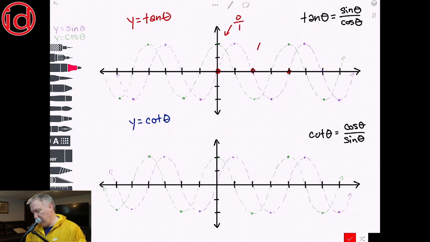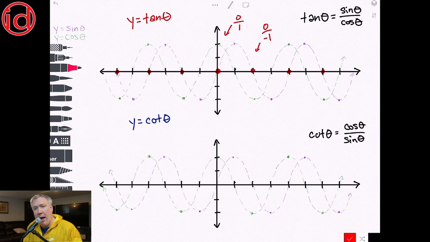If I look at the next place, I have 0 for sine and negative 1 for cosine, which is also 0. In every place that sine is 0, cosine is either 1 or negative 1, meaning that 0 divided by 1 or negative 1 is still 0. So everywhere sine is 0, tangent is 0. So I know that everywhere this purple graph, this lightly shaded purple graph, crosses the middle, that's where its value is 0, I'm going to have the same place for tangent.